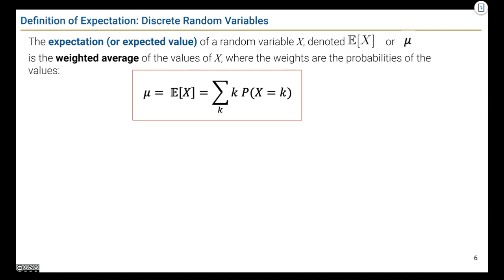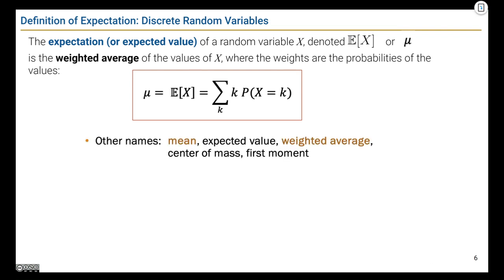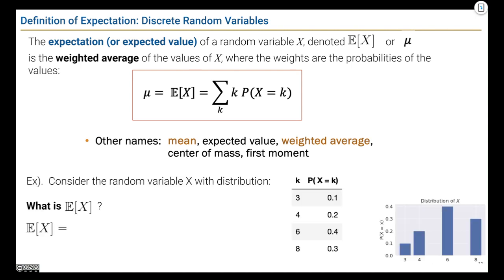So this is the formal definition, but let's try it. And just so you'll see, it'll come up as mean, expected value, weighted average. It is also the center of mass. Sometimes it's called the first moment as well. So let's go back to our distribution that we've been playing around with and calculate the expected value. So again, what I want to do is take the possible values that my random variable can take on.